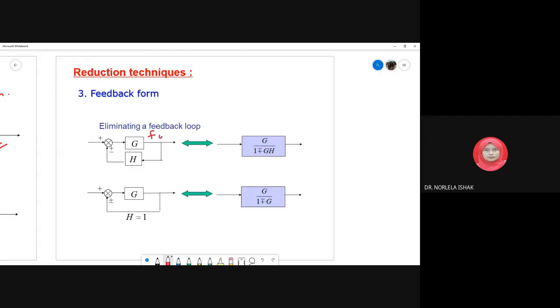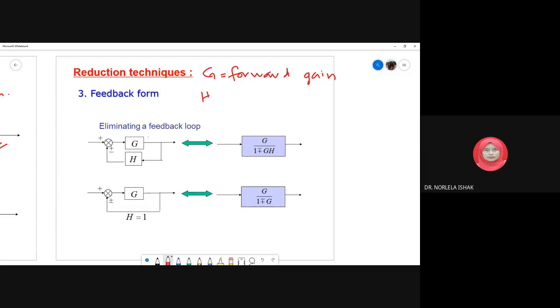G is our forward element. I'd say it's a forward gain.